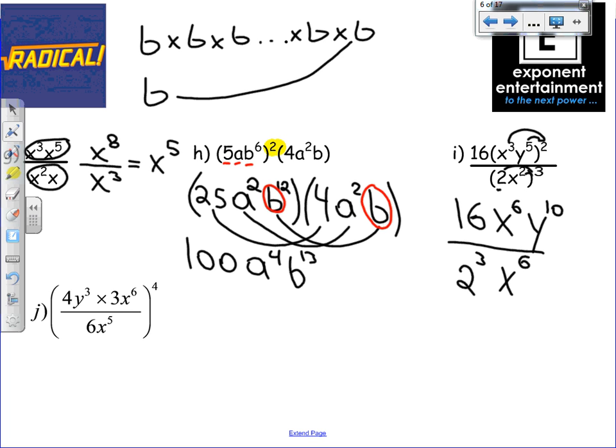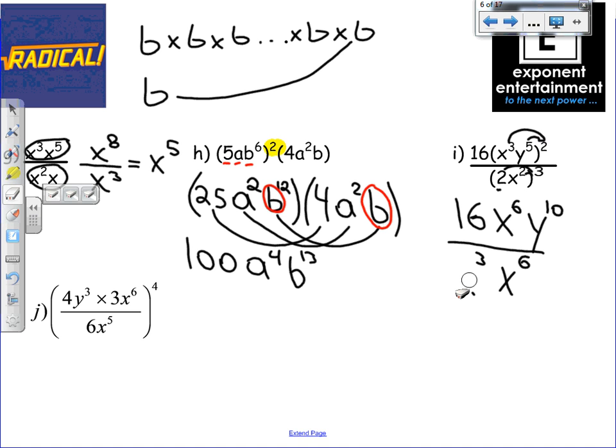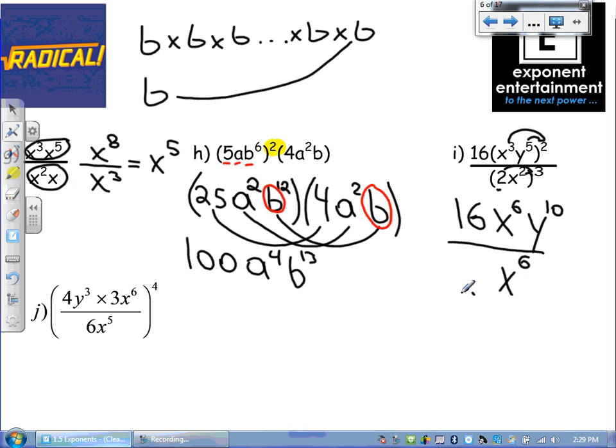What's 2 to the power of 3? Erase this and put 8. Did you guys get the next step? A really messy 8.